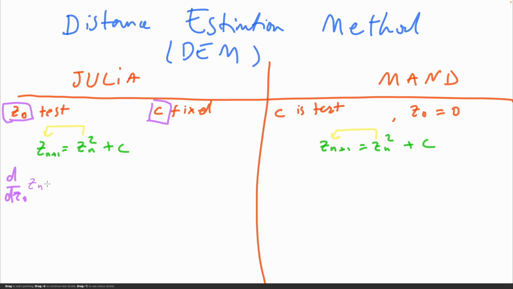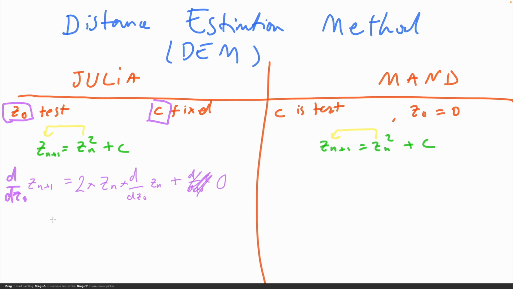So Zn plus 1 equals that differentiated, and with the chain rule that gives us 2 times Zn times d by dZ0 of Zn plus this differentiated. Now C is fixed, so d by dZ0 of C is 0. So it might look a bit horrible. We'll see it's actually useful.